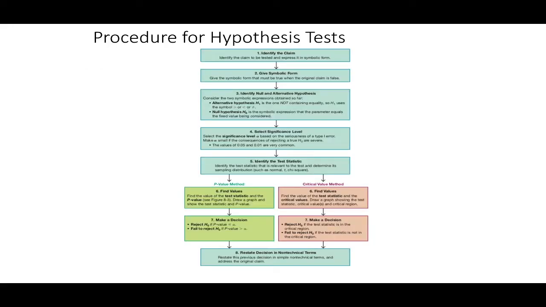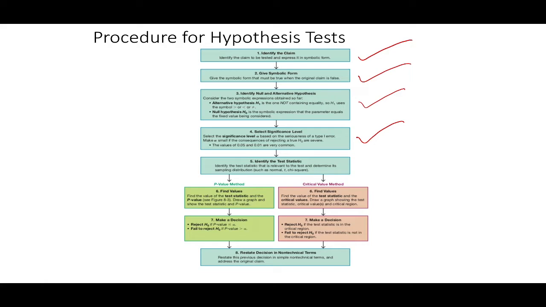So these are the steps we need to follow while doing this hypothesis test. There are 8 steps, as you can see. First of all, we have to make a claim. We need to give a symbol, and then based on that symbolic form, we create our null hypothesis and alternative hypothesis. Then we select a significance level. Very common significance levels are 5% or 1%, like 0.05 and 0.01.